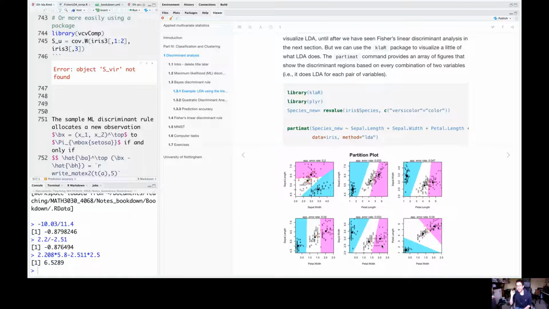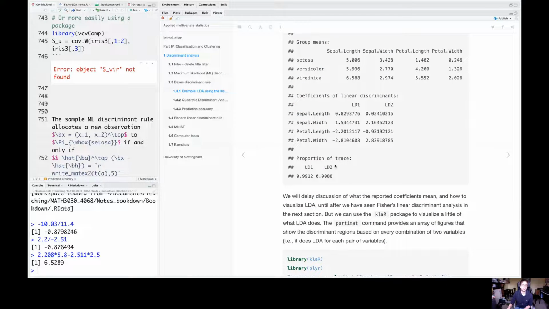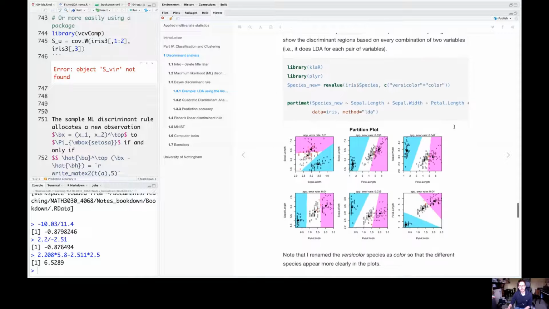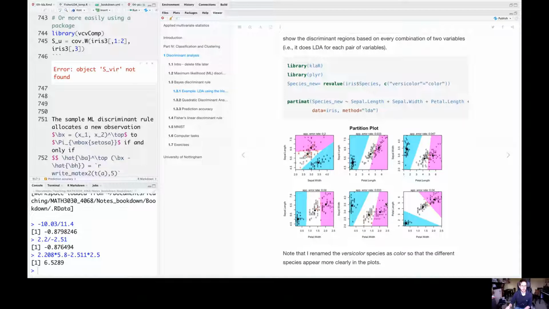So this isn't the same thing as the full analysis, in that it's just done 2 variables. Here we've got 4 variables, but it does help us visualize something about the data set. It's hard to visualize hyperplanes in 4-dimensional space, so this is one thing we can do to help understand what the discriminant rule is doing. In the next section, we'll see a better way of doing this.